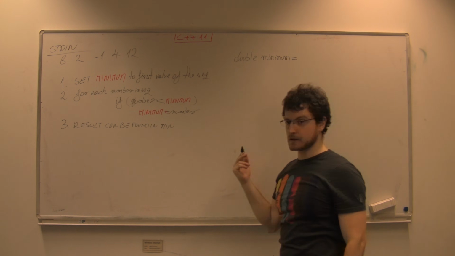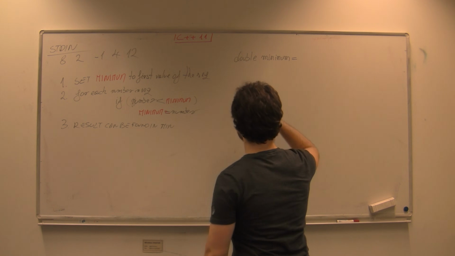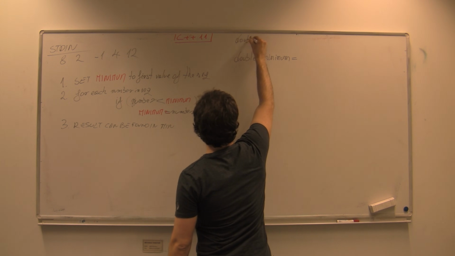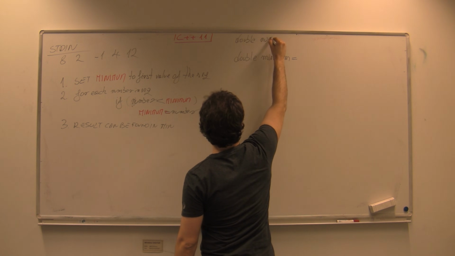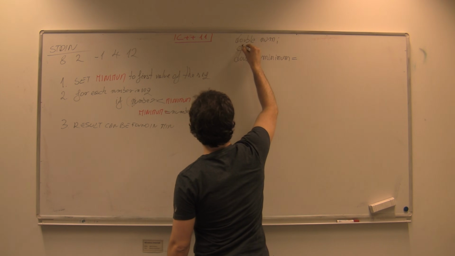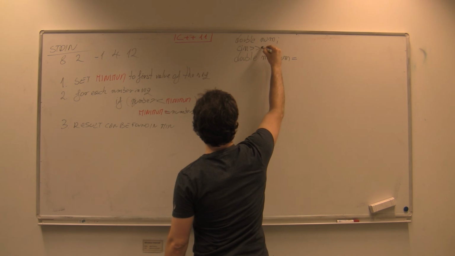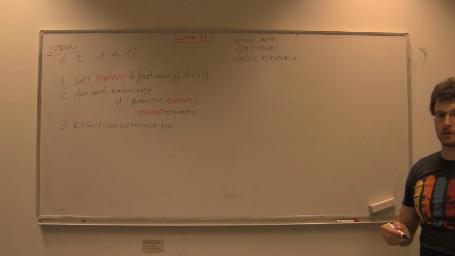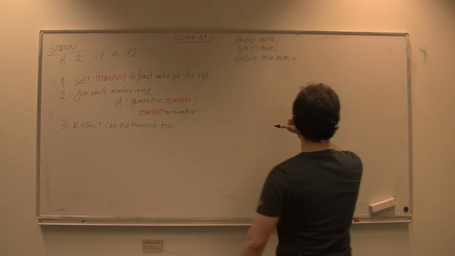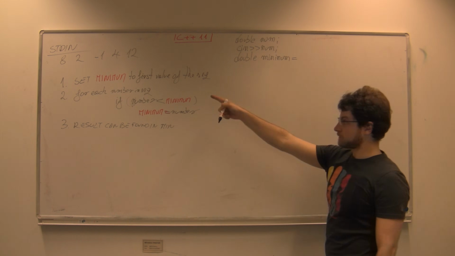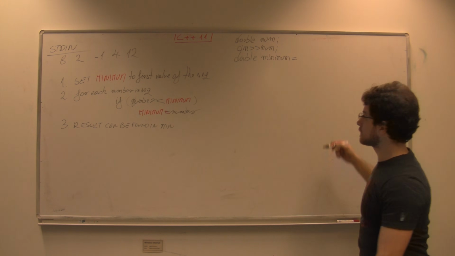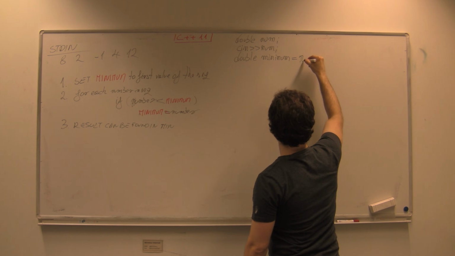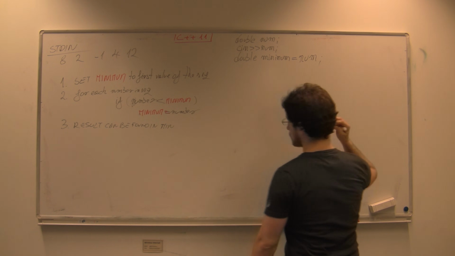We obviously need this value, so we will introduce an auxiliary variable, double num, and read one value from standard input. And then, as the first step says, we will assign the value of this number to minimum.